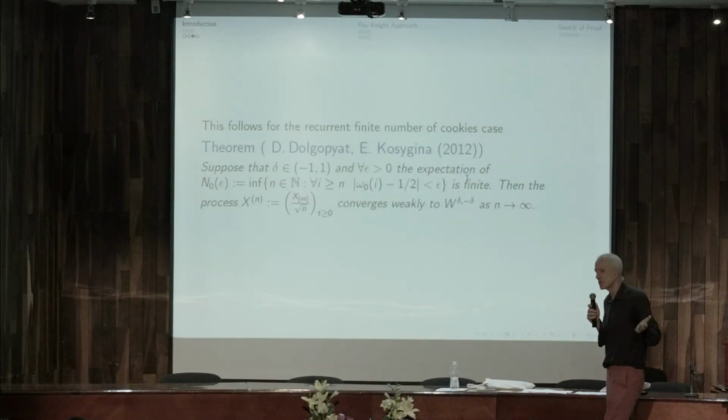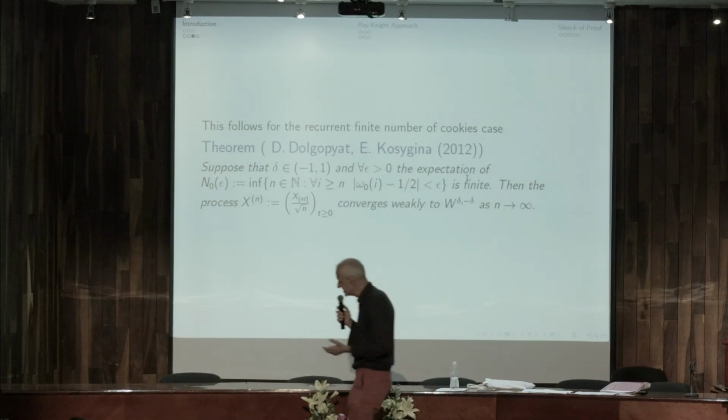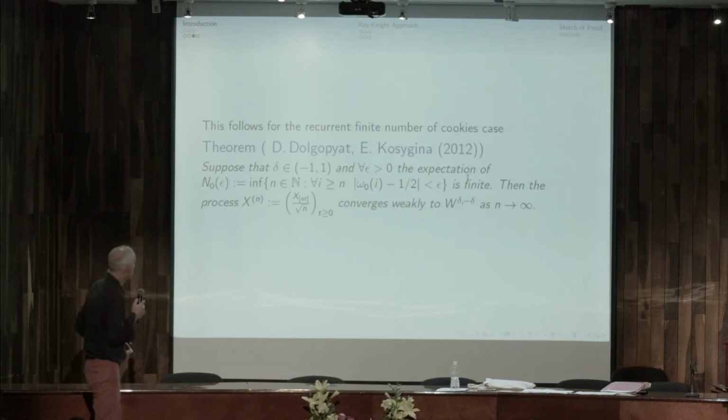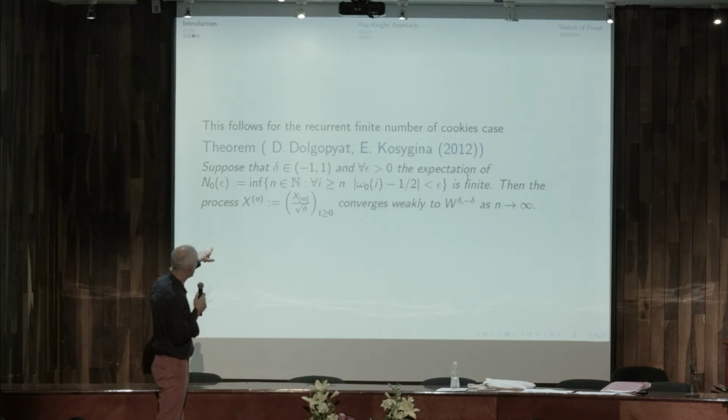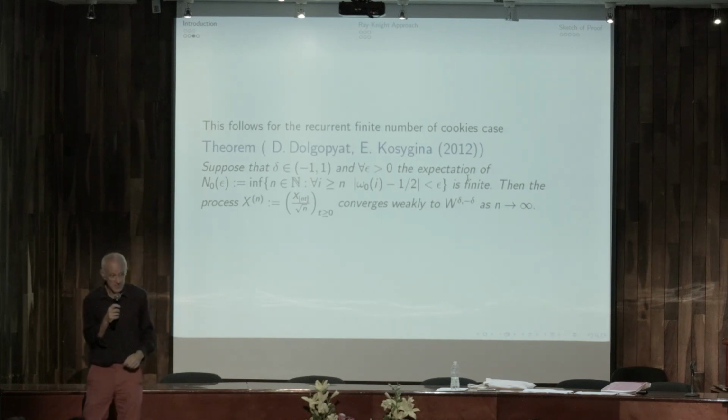The classical cookies, you have m, a finite number of cookies, then provided the delta, which we've already defined, I've said that's between, yes, you want it to be between minus 1 and 1, that is correct. Then this process, suitably rescaled, converges to Brownian motion perturbed at extrema.